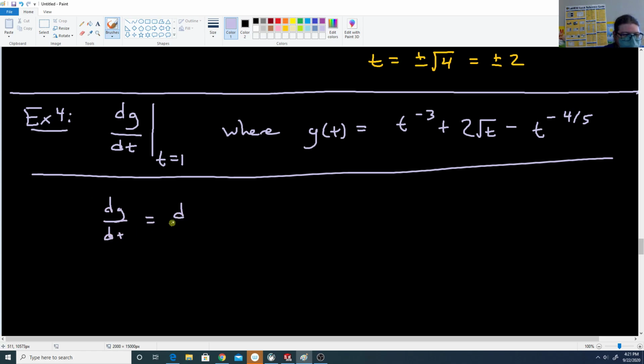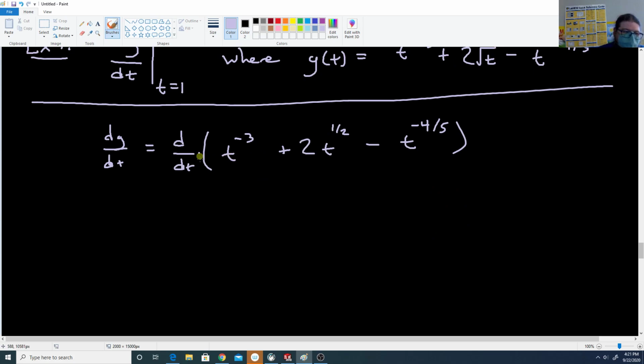So I want to take the derivative with respect to t of our g function. I'm going to put square root of t as t to the 1/2 power. My derivative operator is going to break across the sums and break across the subtractions, so I can talk about the derivatives of the individual pieces.